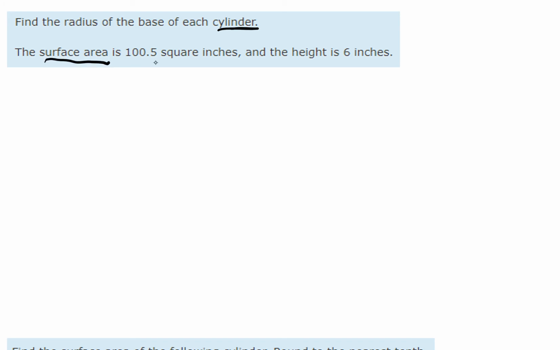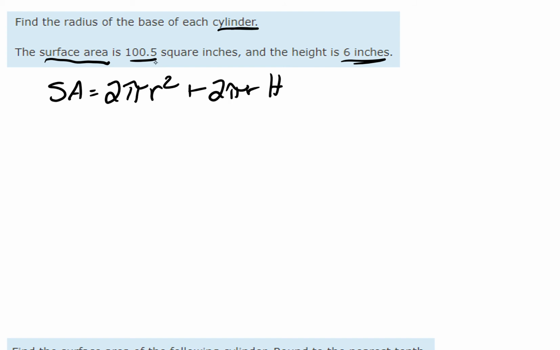They tell us we're going to do surface area. They tell us that the surface area is 100.5 square inches, and we have a height that is 6 inches. So if we start off with our surface area formula, that is 2 times the area of the base, so that's 2 pi r squared, plus the perimeter of the base, which is 2 pi r, times the height of the cylinder.